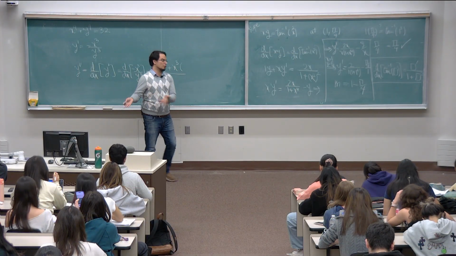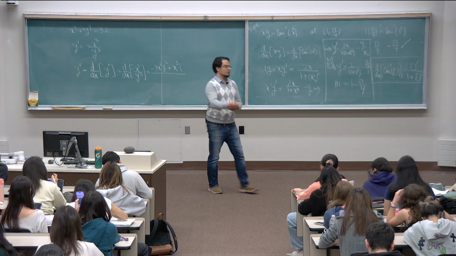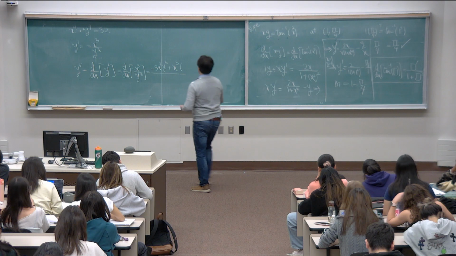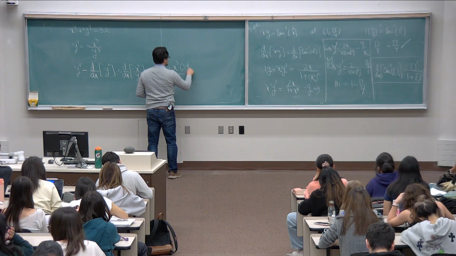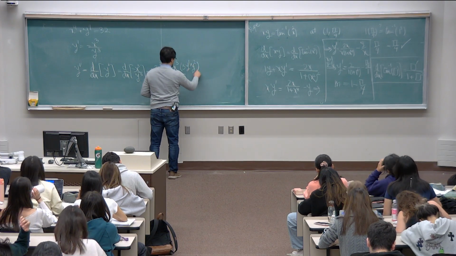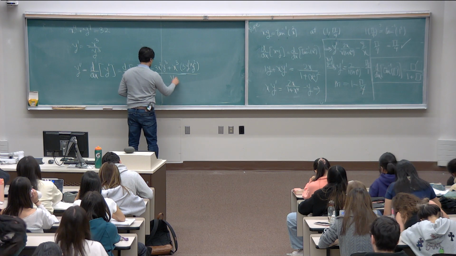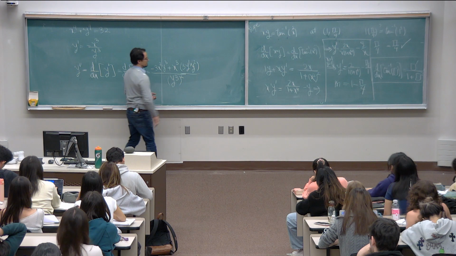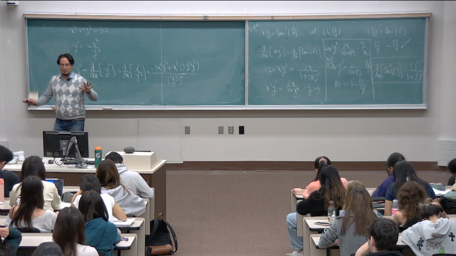The same story works here. Y cubed, if you differentiate with respect to x, it is 3y prime y squared, divided by y cubed squared. Done. We differentiated.